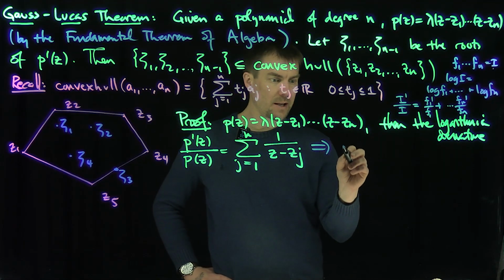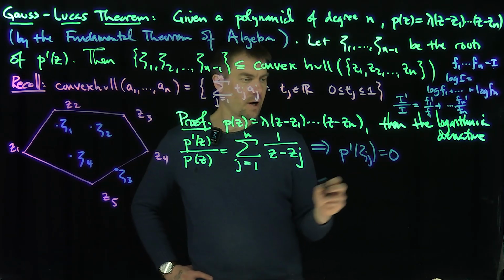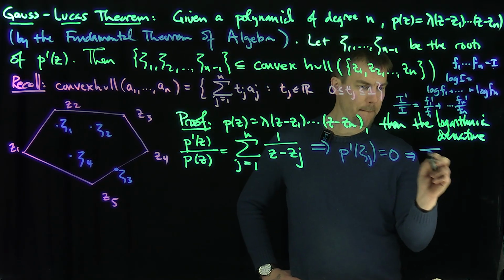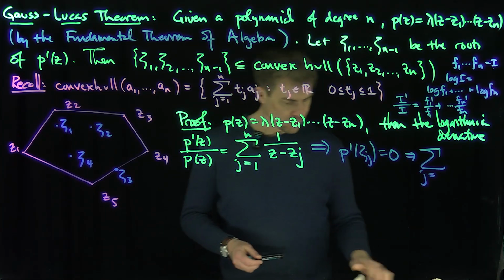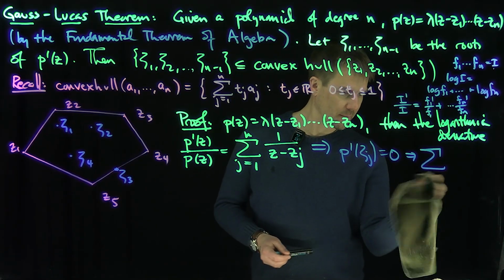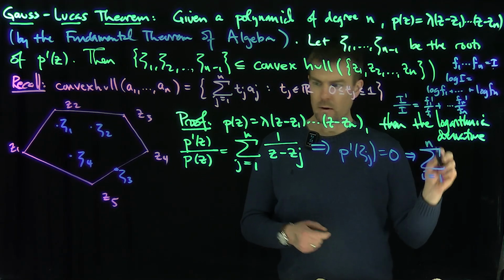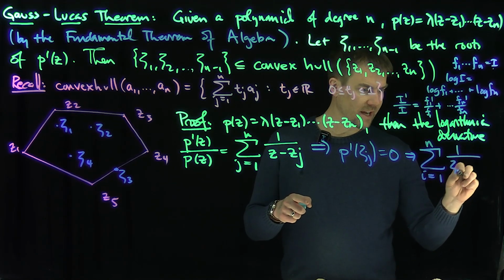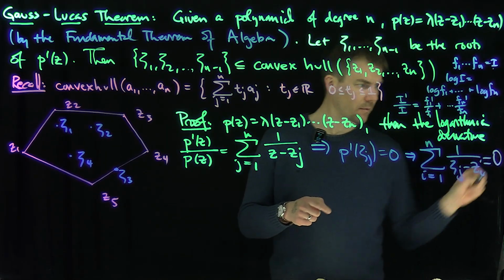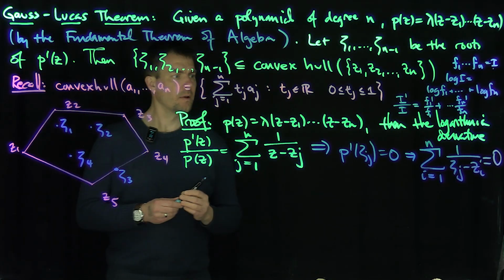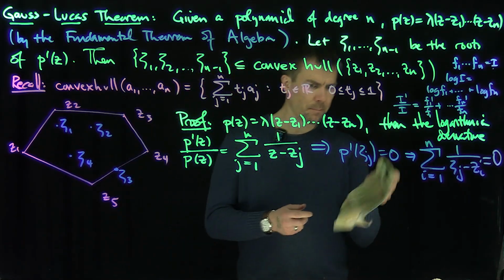Now the idea behind this is that if I plug in any of these zetas, since p prime of zeta j is equal to 0, this implies that the sum over i from 1 up to n of 1 over zeta j minus zi is equal to 0. Excellent. Actually, better yet, let's not put an index over there.